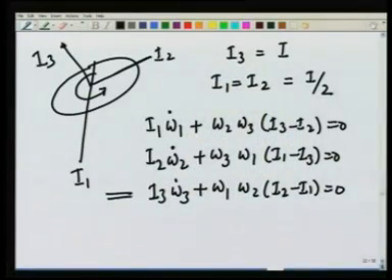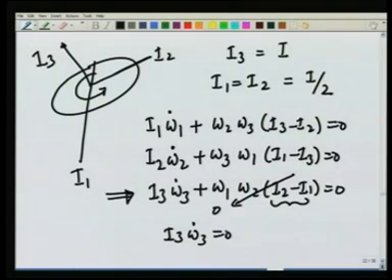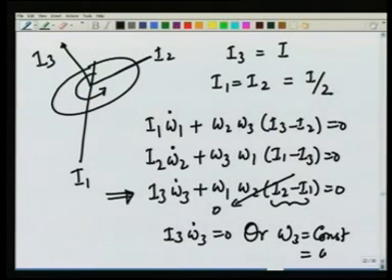From this equation we see that since I2 and I1 are equal, this term is 0, and therefore I3 omega 3 dot is equal to 0, or omega 3 is equal to a constant. Let me call it the spin angular speed. So, it is spinning with a constant angular speed.